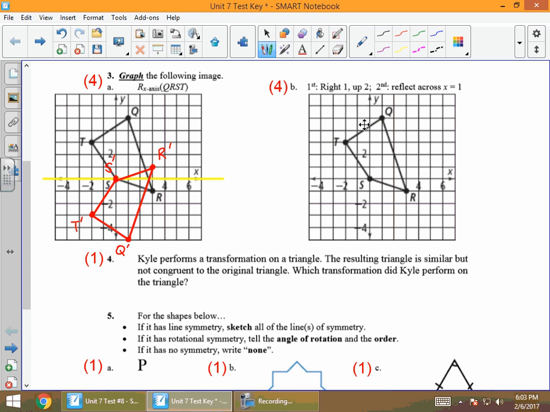All right, and for letter B, you have to do 2 different things. So the first thing says first. What am I going to do first? I'm going to go right 1 and up 2. So I'm going to take every point, right 1, up 2.